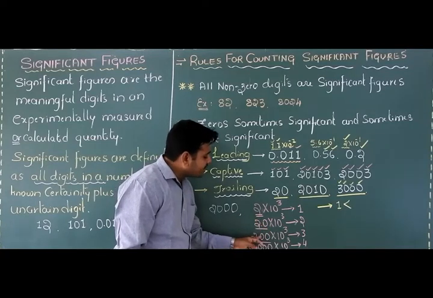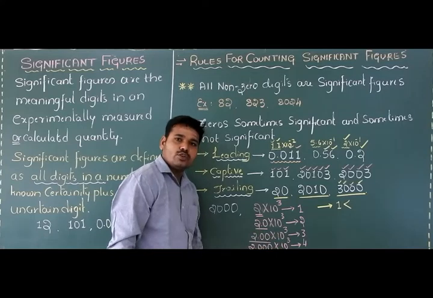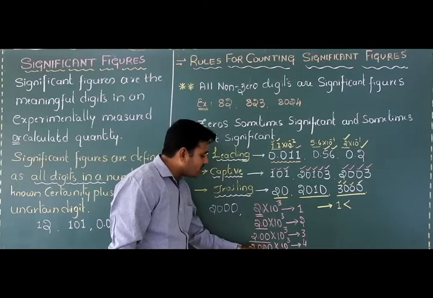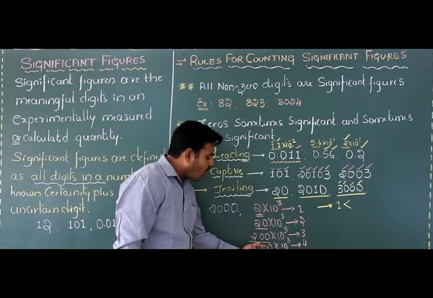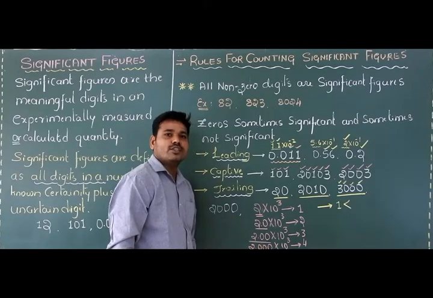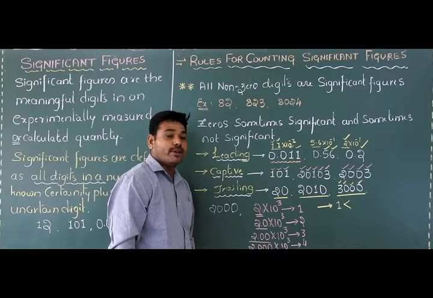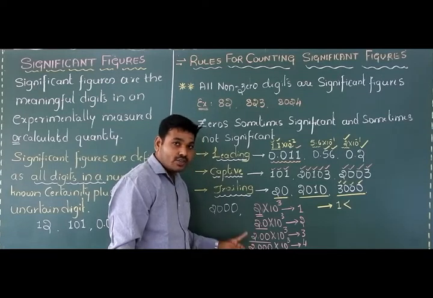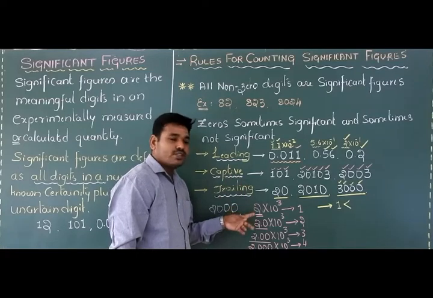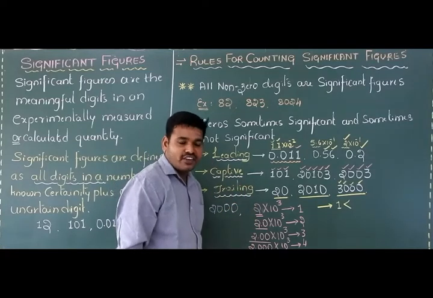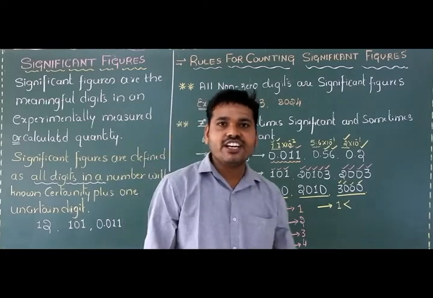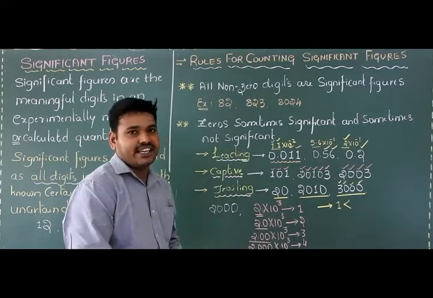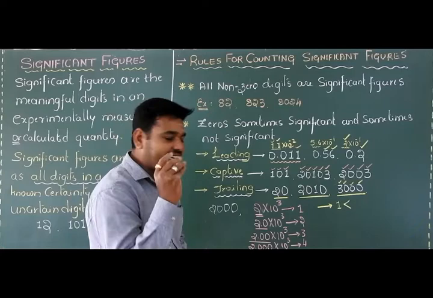So 2.00, these two zeros are also counted as significant figures. 2.000, all these three zeros are counted as significant figures, students, because the number is greater than 1. So therefore the 2000 may have one, two, three and four significant figures in it.